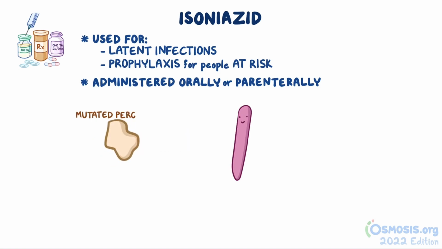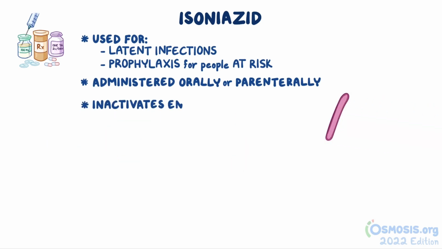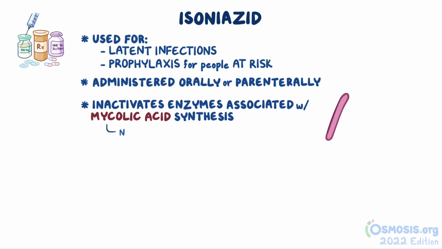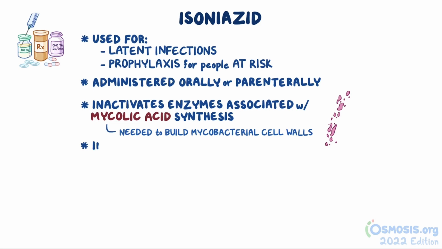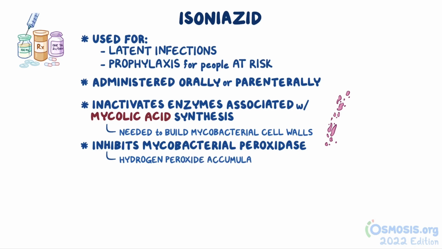A mutation in the gene that codes for this enzyme helps the bacteria develop resistance because the mutated enzyme won't activate the medication. Iproniazid inactivates enzymes associated with mycolic acid synthesis, and mycolic acid is needed to build mycobacterial cell walls. It also inhibits mycobacterial peroxidase, preventing the bacteria from metabolizing hydrogen peroxide, which accumulates inside the cell and causes serious damage.